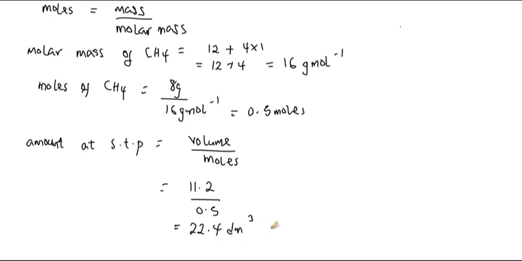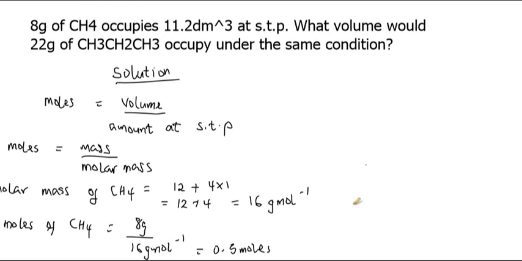Now let's quickly go back to the question. So the question says, what volume would 22 grams of propane occupy under the same condition? Now the condition is that 8 grams of methane has a molar volume of 22.4 dm³ at s.t.p. So now, under this condition, what will be the volume of 22 grams of propane?